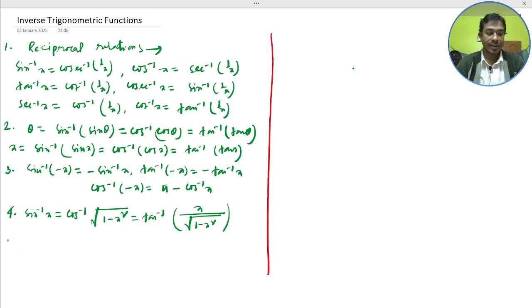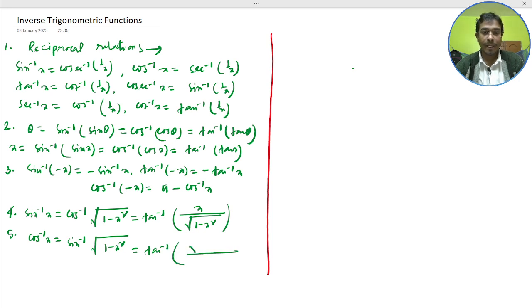Next, cos inverse x is equal to sin inverse root over 1 minus x square, which is equal to tan inverse root over 1 minus x square divided by x.